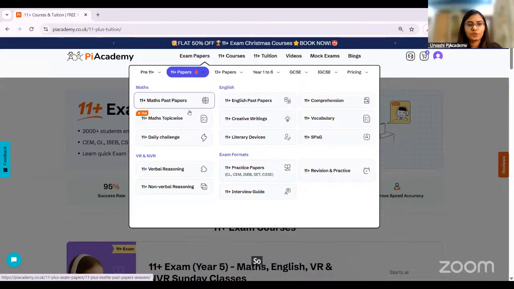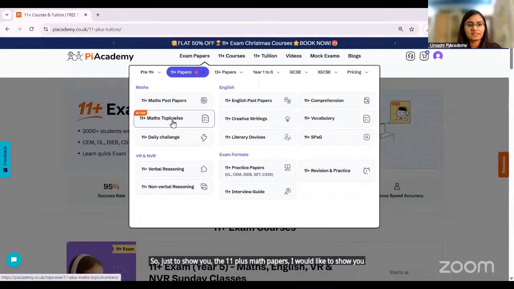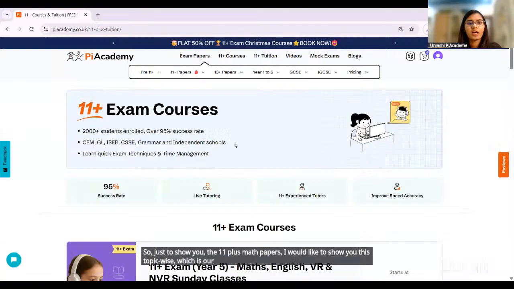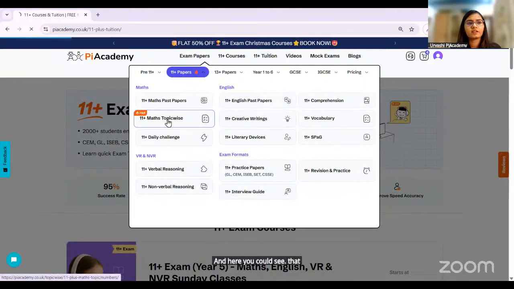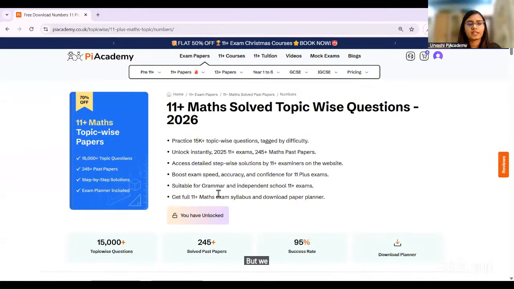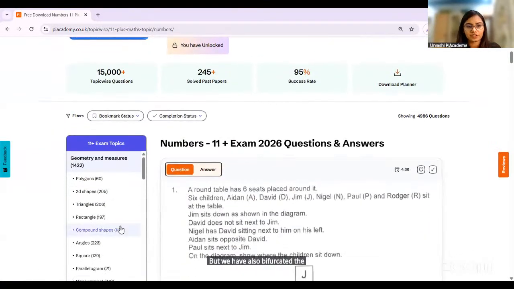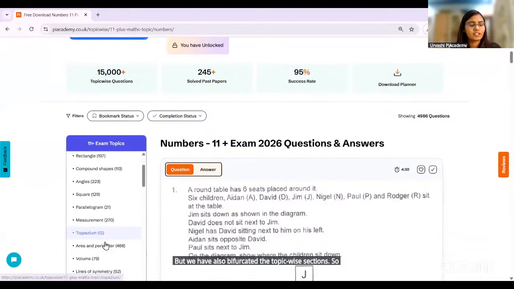So just to show you the 11 plus maths papers, I would like to show you this topic wise product, which is our hottest selling product. Here you can see that we provide not just the past papers and their solutions, but we have also divided them into topic wise sections. So you can select your weakest topic.